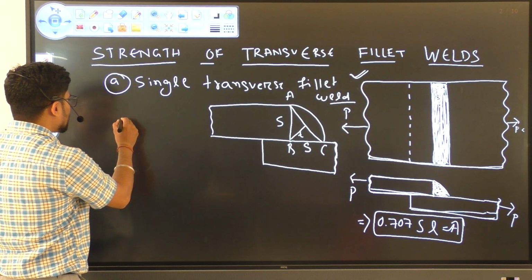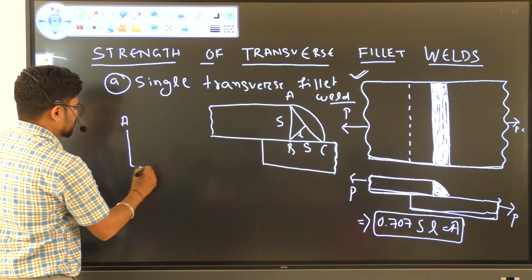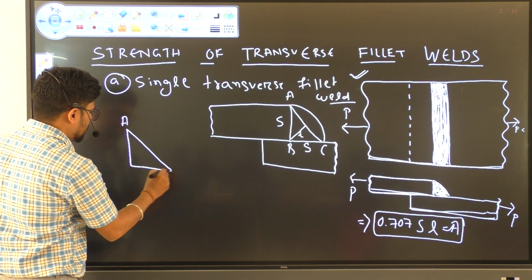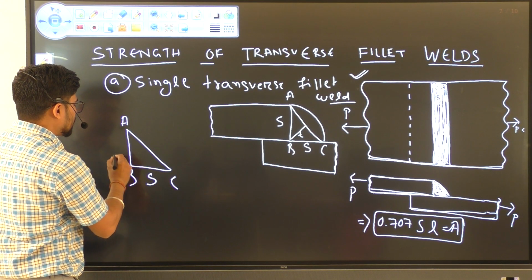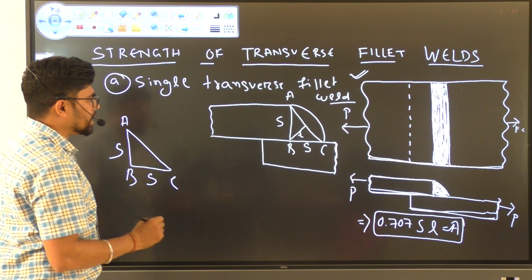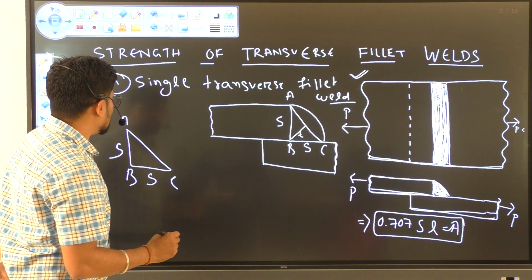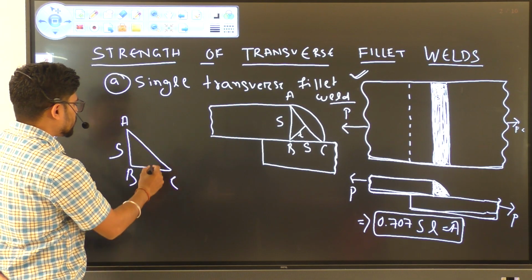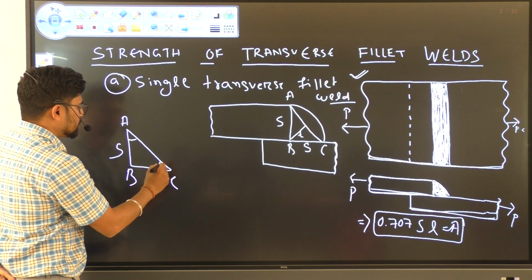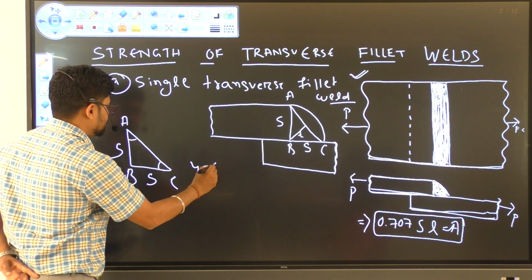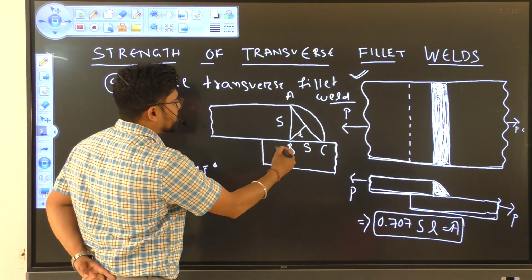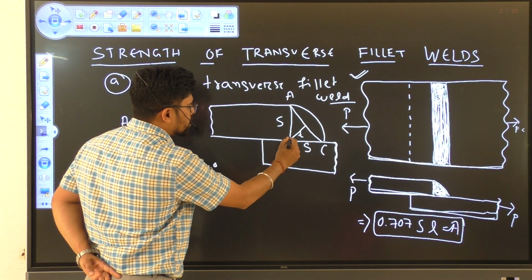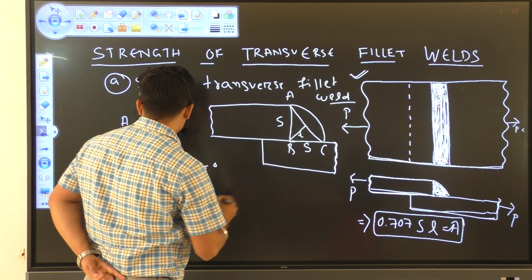So in triangle ABC, these two sides are weld legs, and the weld legs are considered to have the same length, so that we get this angle and this angle as 45 degrees each. And the throat is the perpendicular distance between the intersection of the weld legs and the hypotenuse.